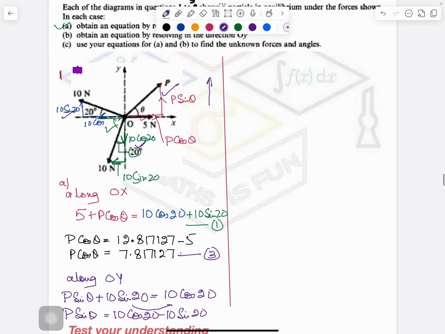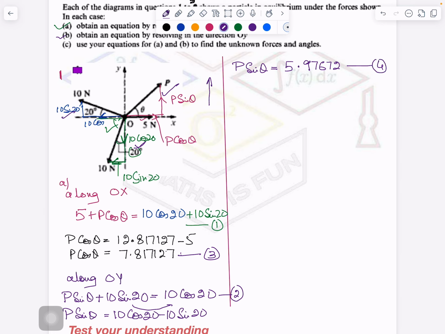I am doing calculation now. P sine theta. Give me a second. Okay. So it is 5.97672. So this is my equation number. Because question says obtain an equation, so you can leave it here and call it 2. And this is my simplified form of the equation.